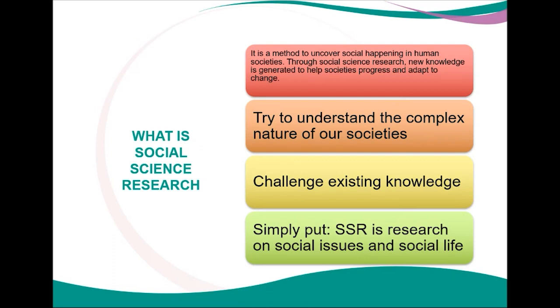So basically, social science is about solving problems that people encounter. Social scientists try to understand the complex nature of society, and they challenge the existing knowledge. So simply put, social science research is research on social issues and social life.